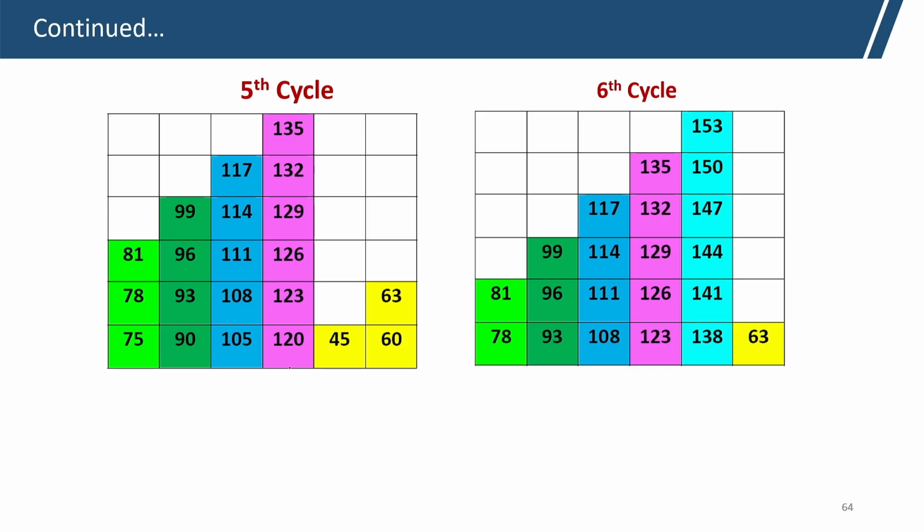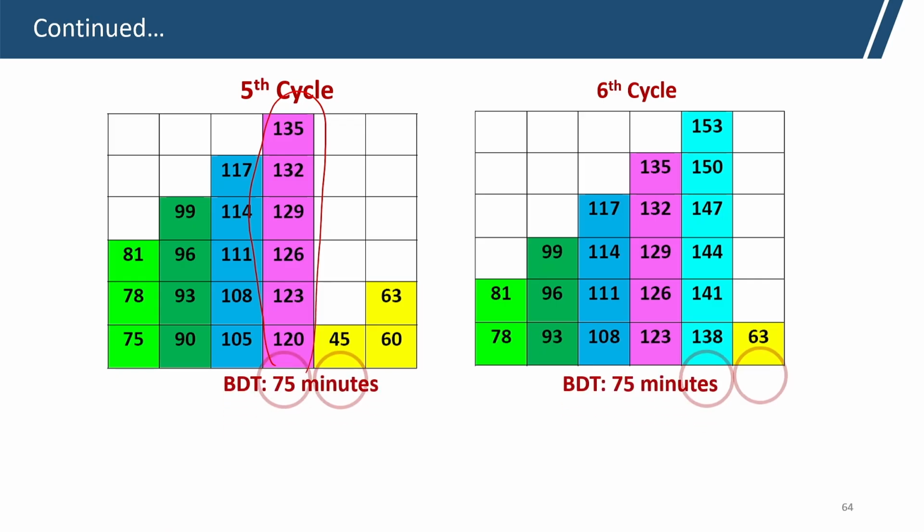So, from 120 minutes to 130 minutes, this total chamber will be filled. Okay. Now, here if we see the blending delay time, we have to see the maximum time required. 120 is the maximum and 45 is the minimum. So, blending delay time will be 75 minutes.